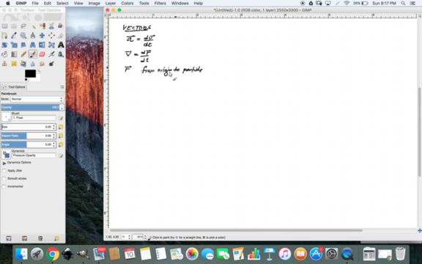And this was expressed using one of several coordinate systems.